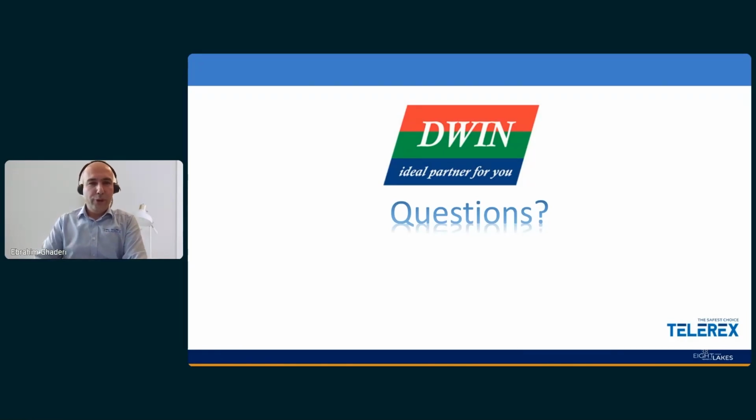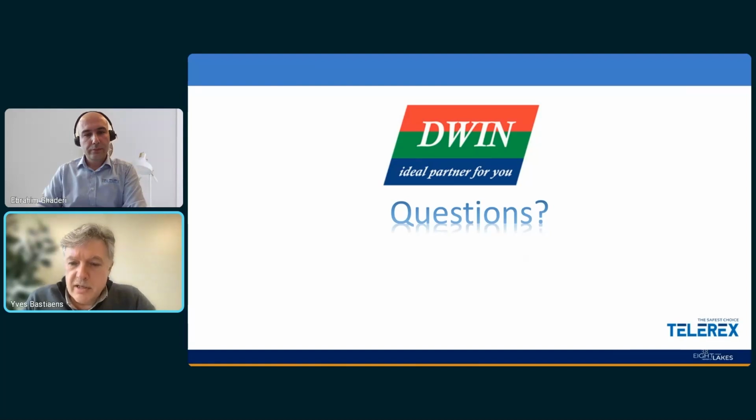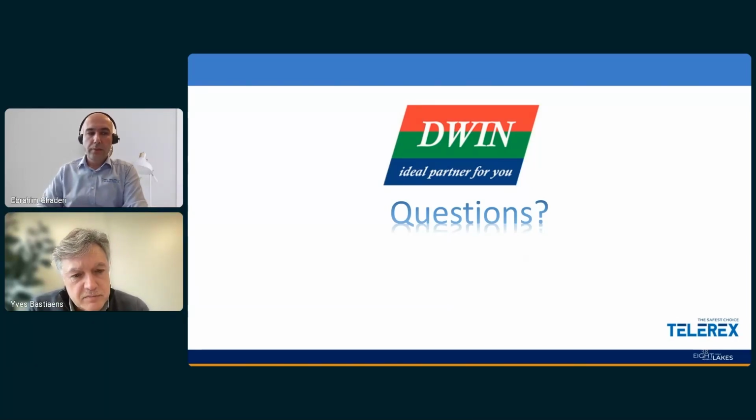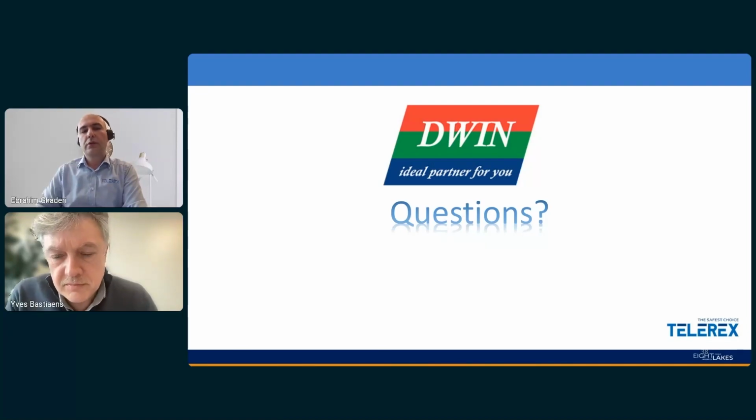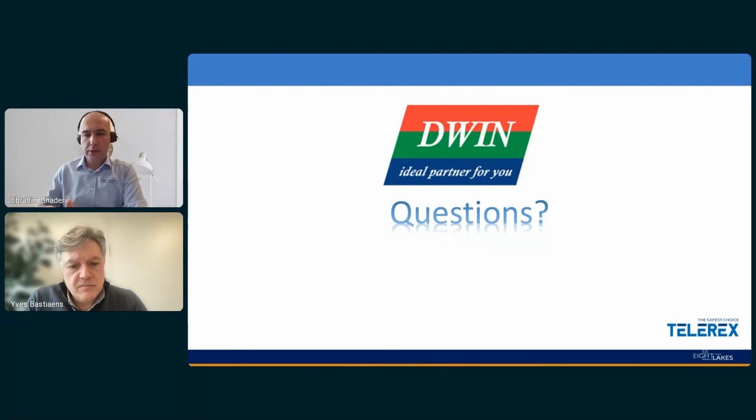So here I'm with you for your questions, please, if you have any questions. Yes, Ebrahim. There is one which has popped up: you are describing a certain protocol or way of programming. Is it specific to DWIN, or are other protocols supported by the smart display? Yeah, mainly the display is supporting UART communication to get your commands and data to act on.